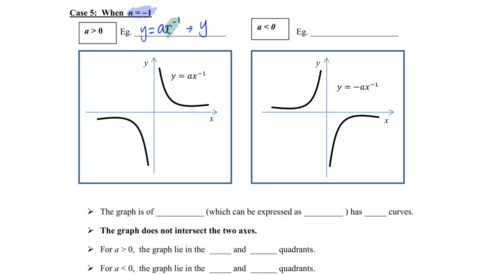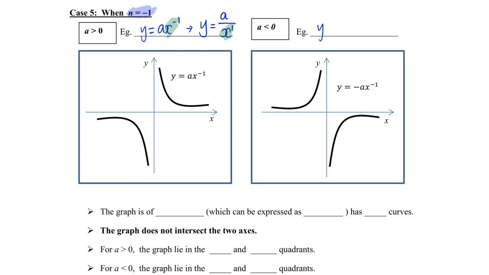Because the power is -1, I could write the x as a denominator, such that the power becomes a positive index. This is what we learned in the laws of indices.